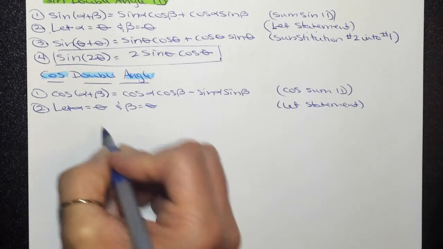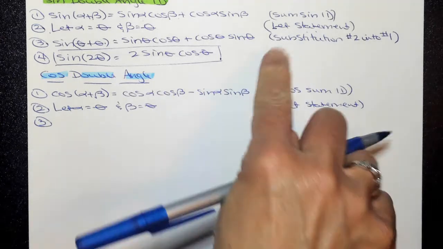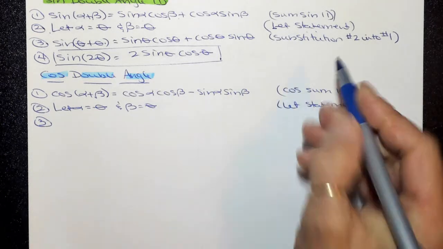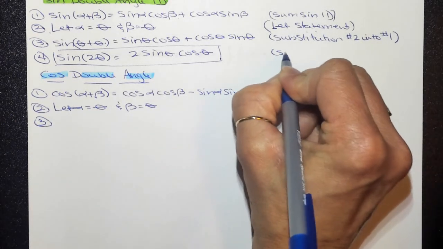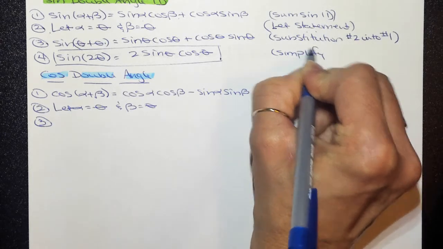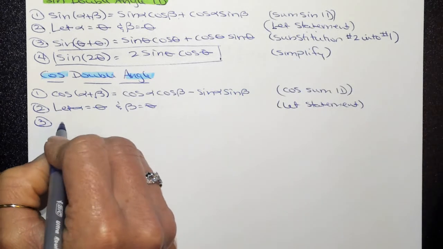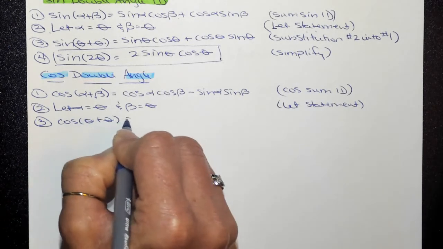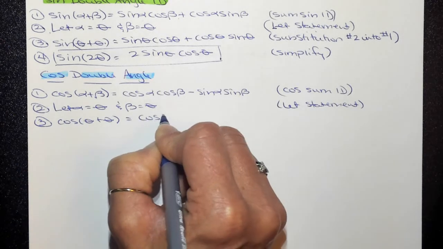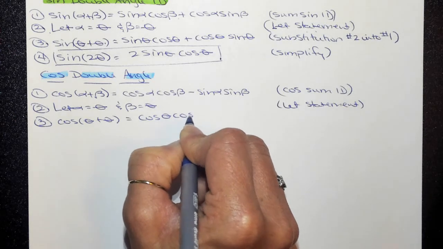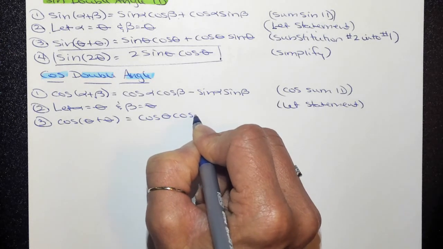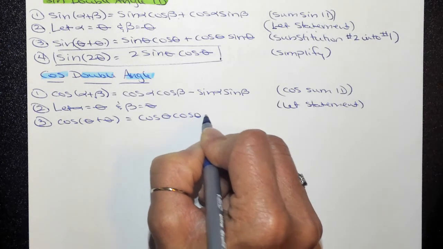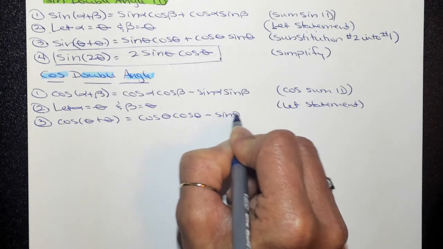So now we'll make our substitution in step number 3. And you're going to see repeats of some of these steps multiple times. Actually, I forgot to put here simplify. Okay, so cosine of theta plus theta is equal to cosine theta cosine theta minus sine theta sine theta, and now we're going to simplify.